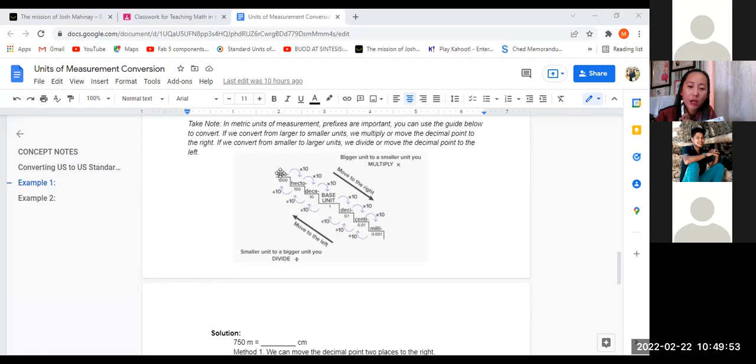Take note, if we are going to the right, or bigger unit to a smaller unit, we will multiply. It's just the same with the US. It's opposite pala. From bigger unit to a smaller unit, we will just move the decimal point to the right. If smaller unit to bigger unit, we will just move the decimal point to the left.